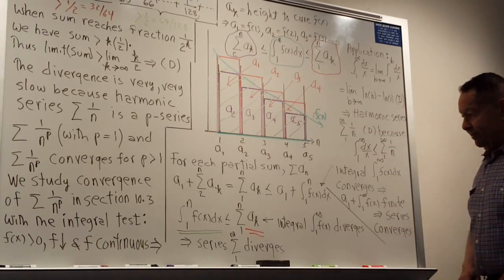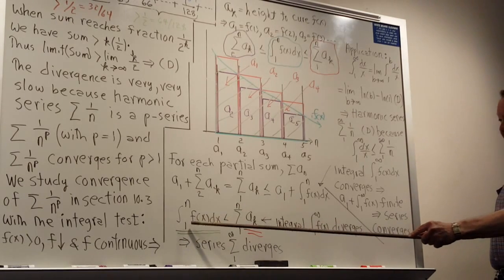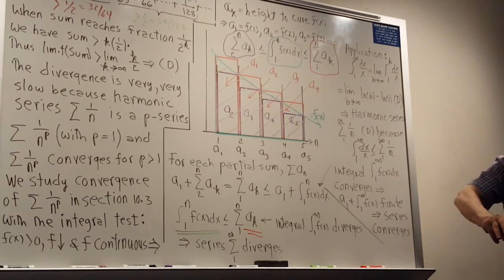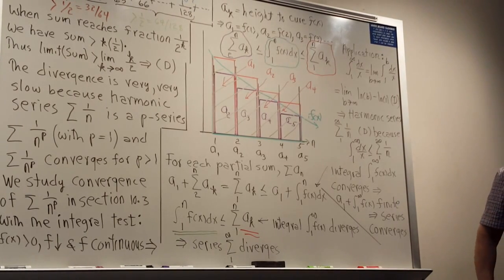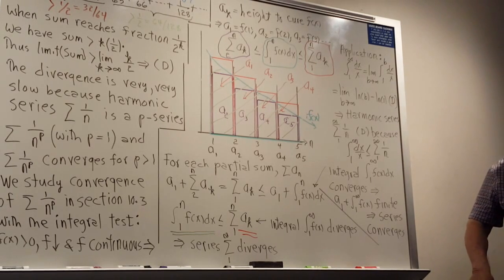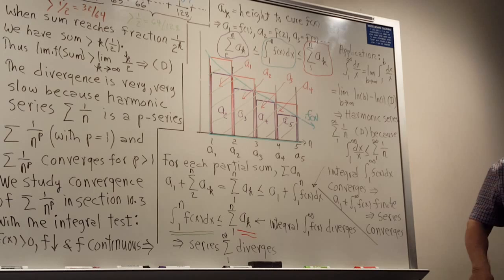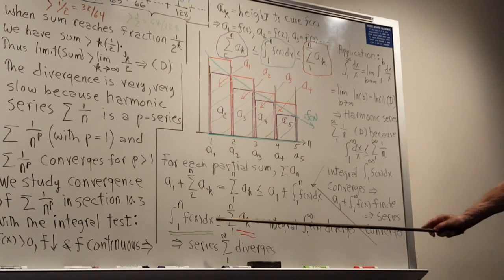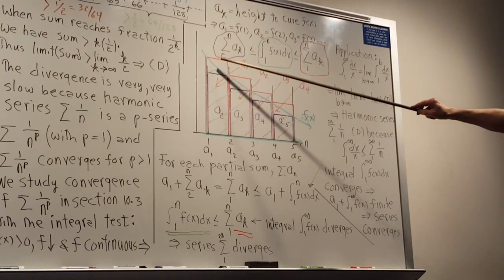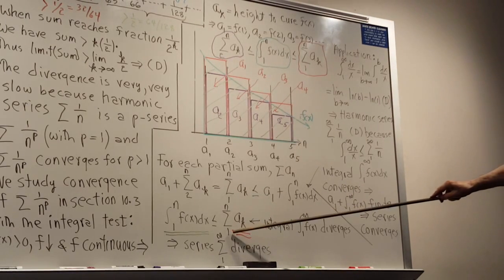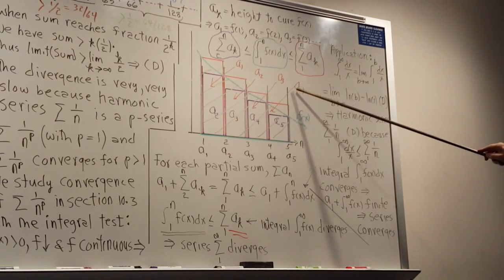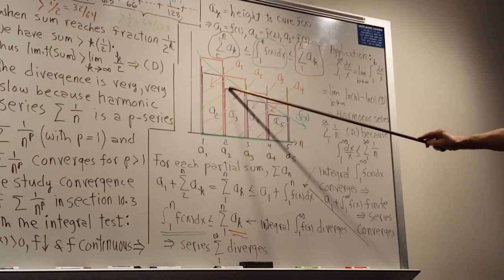So therefore, if your integral diverges, this is thinking of convergent and divergent integrals as in the end of chapter 8, where we had these improper integrals and we took the limit as, say, from 1 to infinity and so on. If the integral is divergent, then your series diverges, because your series, the whole thing, starting with 1, is the red areas, which is more than the green area.